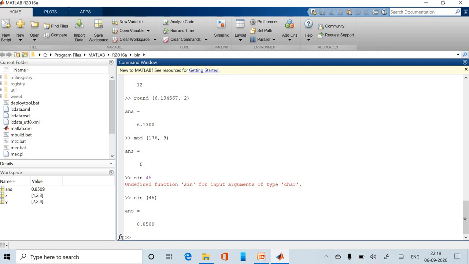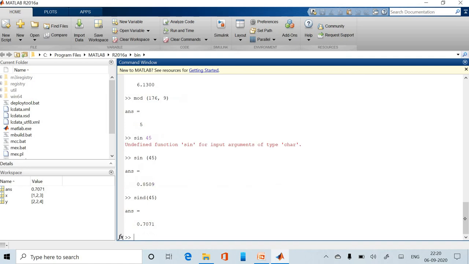So this is in radians. Now if you want it in degrees, just put sine d and parenthesis 45. Okay. So you are getting 0.707. It is 1 by root 2.